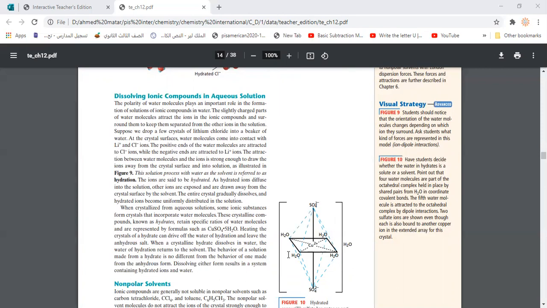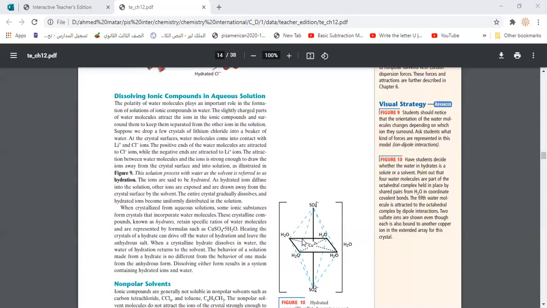Like for example here, the hydrate of copper sulfate, CuSO4.5H2O. These five water molecules we call the hydration water. This hydration water forms a kind of circle in the structure around the copper sulfate.